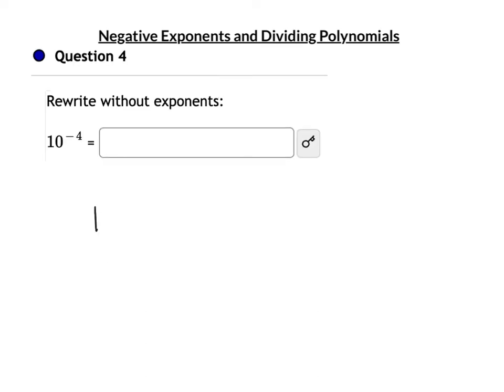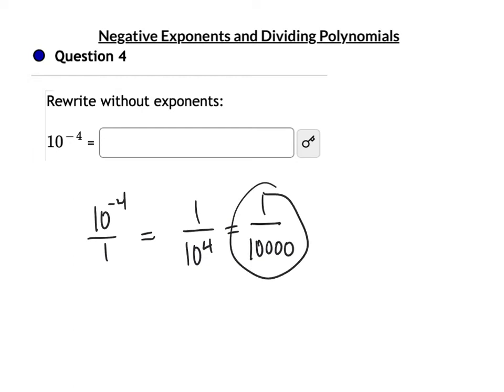10 to the negative fourth over 1 becomes 1 over 10 to the fourth, which is 10 times 10 times 10, 4 times. That's a 1 with 4 zeros, which is 10,000. 1 over 10,000.